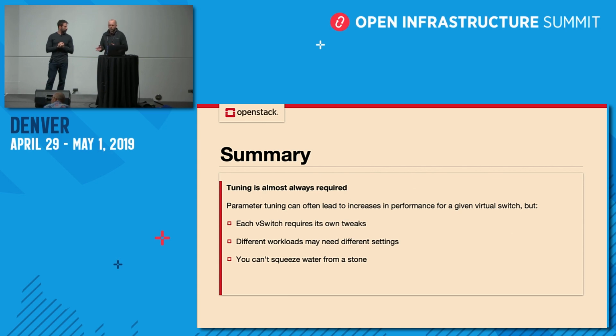Each vSwitch probably requires its own tweaks. Every workload is going to require some different tweak, whether it's different allocation of huge pages, more RAM, or more PMDs. For LinuxBridge and OVS, you can't squeeze water from a stone. Some of those are just limited, which is why there are enhancements and accelerators for those technologies.